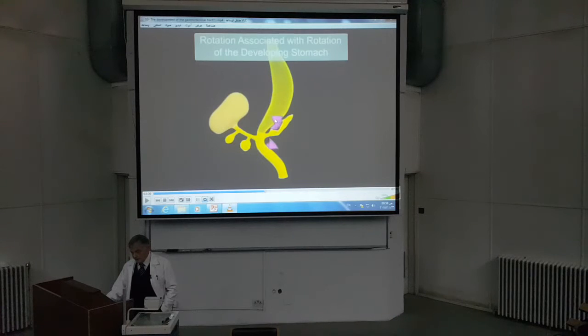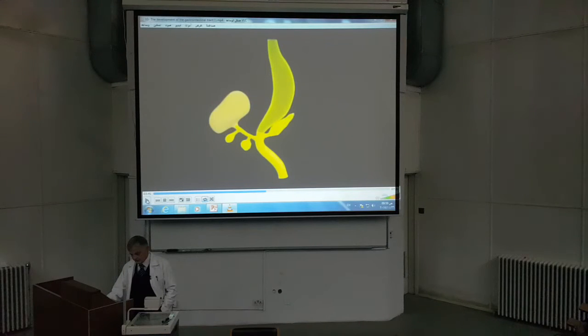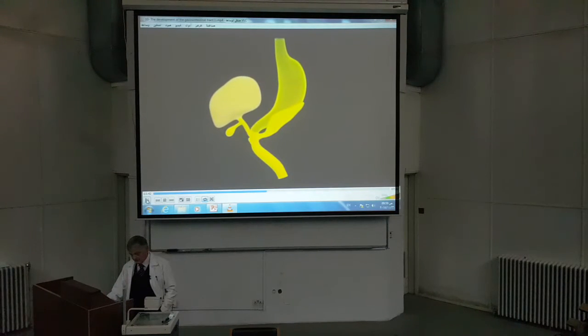This rotation is clockwise or anti-clockwise? It's going this way. Okay? So it is anti-clockwise. Okay, you see this part, the ventral part of the pancreas, is going to reach the dorsal part.